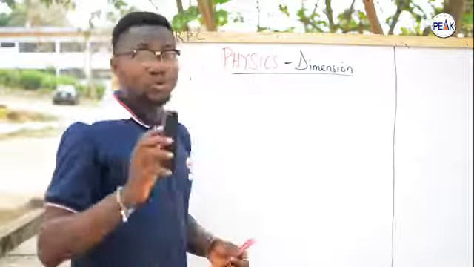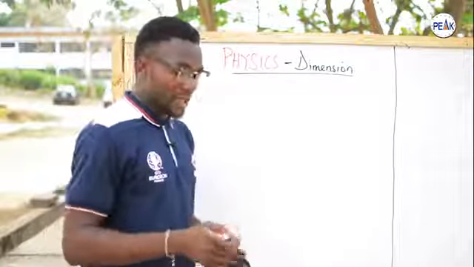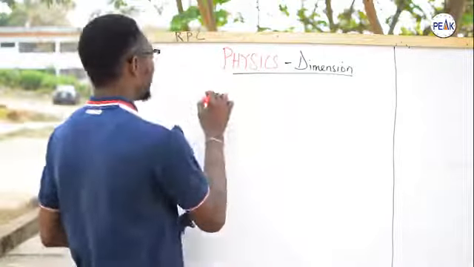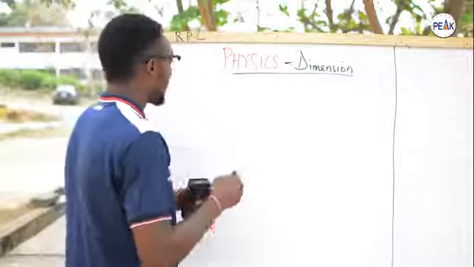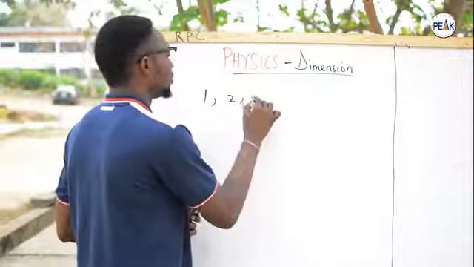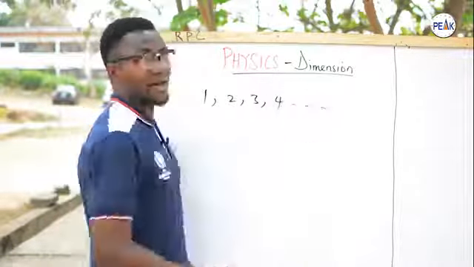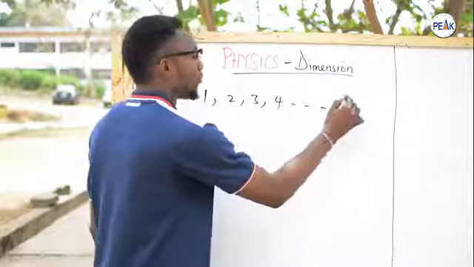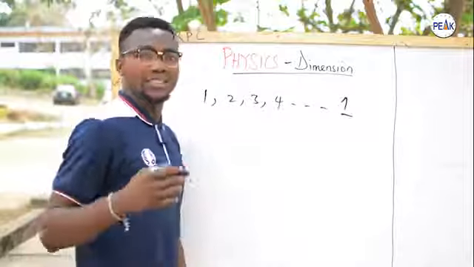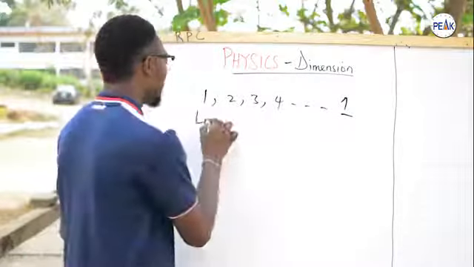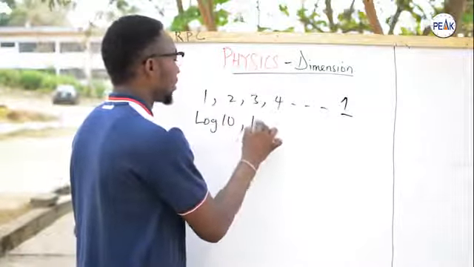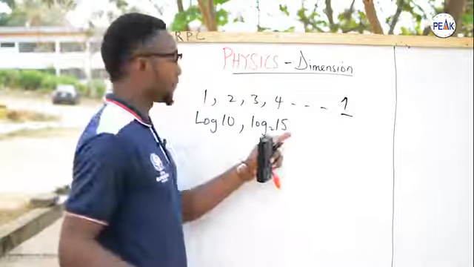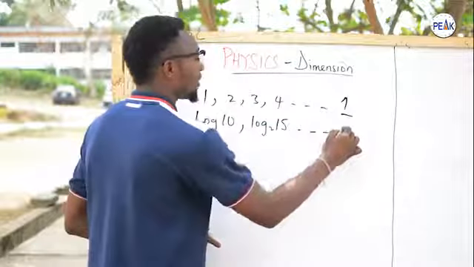One other thing you should take note of under dimension is that all numbers, let's say 1, 2, 3, 4, whatever, have a dimension of 1. Logarithmic functions, let's say log 2, log 215, log 15 base 2, all have a dimension of 1.